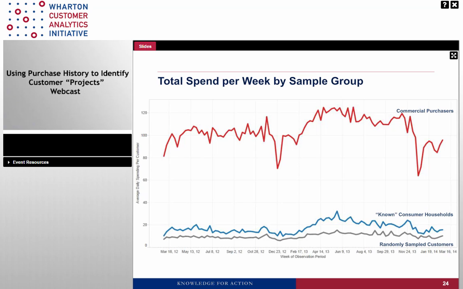There are big dips right around December 23rd or 24th, or perhaps even, dare I say, December 25th, whereas the known consumer households seem to be a bit more steady, with a little bit of build-up in the spring of 2013. You'll see the randomly sampled customers follow the same pattern as the known consumer households, but at a slightly lower rate.